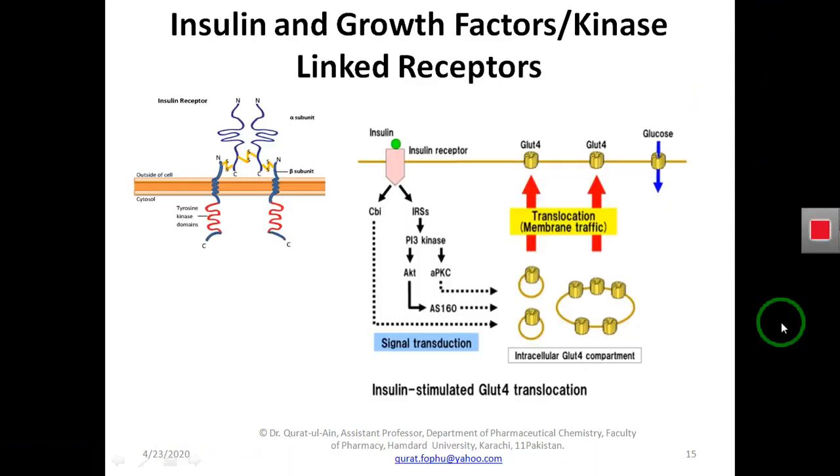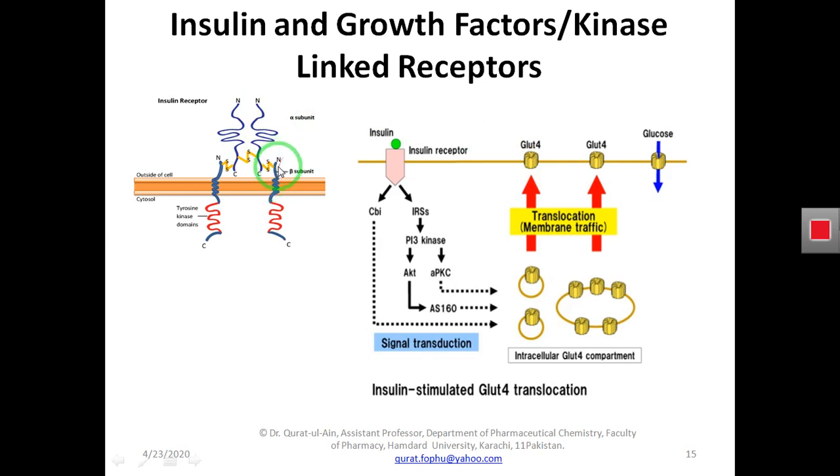The third superfamily of receptors are growth factor receptors, or we call them kinase linked receptors. The insulin receptor is one example of the superfamily 3 receptors. These receptors are composed of an alpha subunit that is bound to a beta subunit.